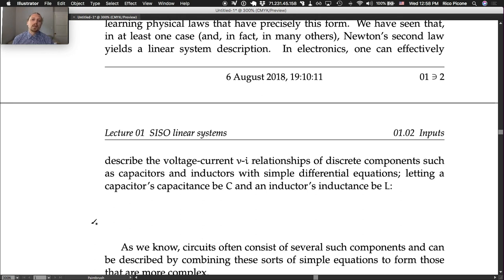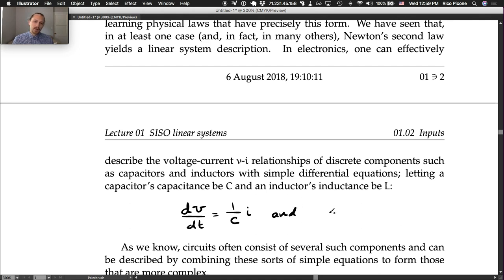Letting a capacitor's capacitance be C and an inductor's inductance be L, we have these two equations that you should have seen before. The time derivative of the voltage, dV/dt, for a capacitor is equal to 1 over C times the current through the capacitor. Okay?